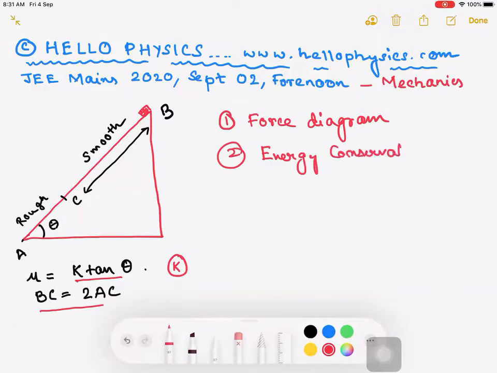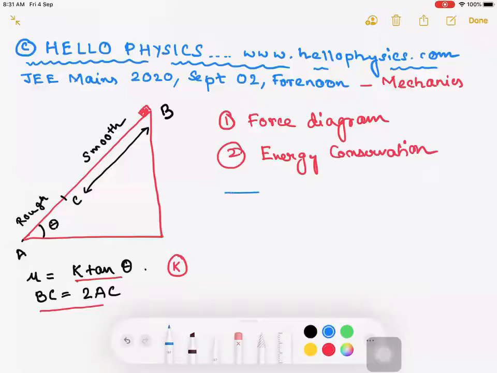Remember that method 2 is the easier, shorter method. Method 1 would take some more time, but I would like to delve into both so that it gives you some confidence and understanding of how this is done.